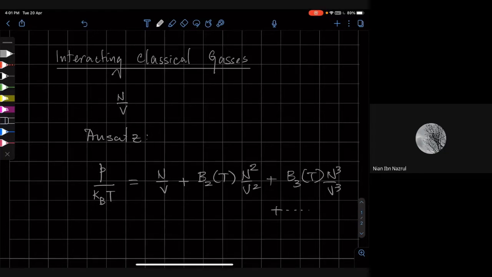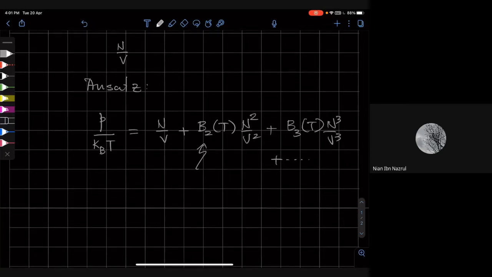The more terms you include, the more accurate your gas law will be. For this lecture, we'll just be content with figuring out B2. Okay, and that will give us the van der Waals gas.